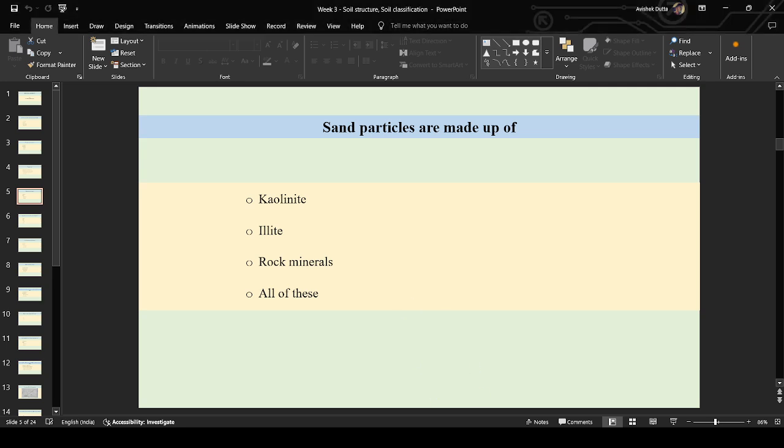Sand particles are made up of. The options are kaolinite, illite, rock minerals, or all of these.